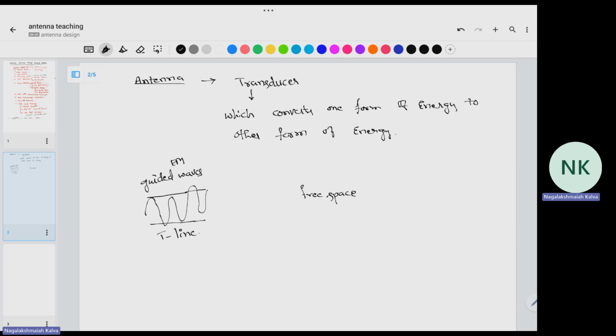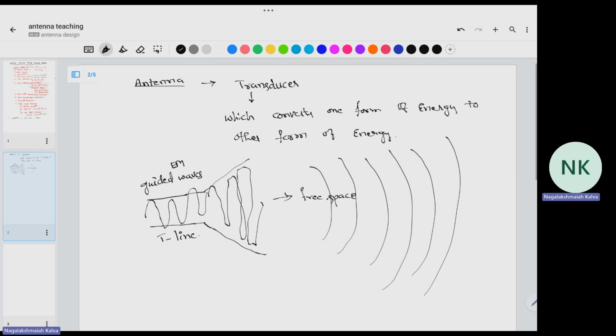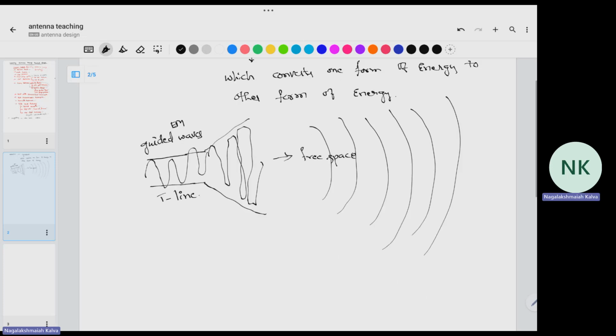Guided EM waves or guided EM energy is transduced, meaning converted into free space waves, which is like generating some disturbance in free space and creating free space EM waves.